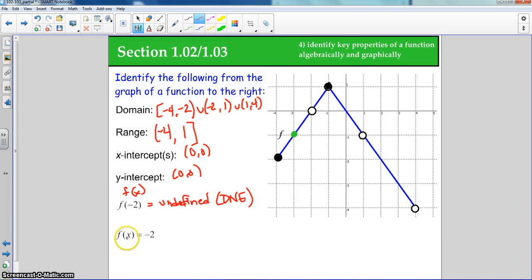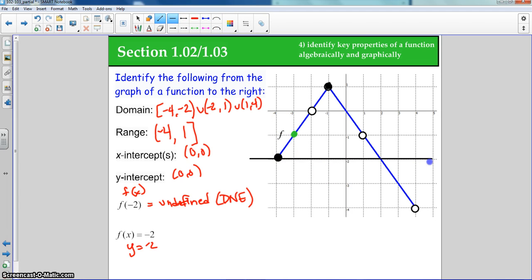Now this one instead is saying f of x is equal to -2. So this is saying a y value, because f of x means y, so we're saying y is -2. And what we want to determine is the value of x that satisfies this equation. So I need to look at -2.